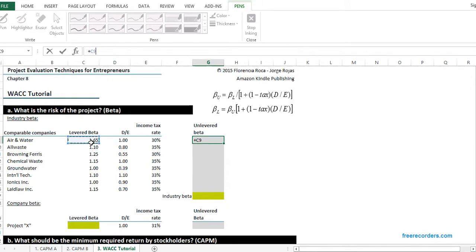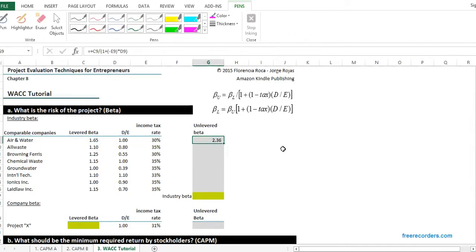Okay, I will start with the levered beta divided by 1 plus (1 minus the tax rate) times the debt to equity ratio.